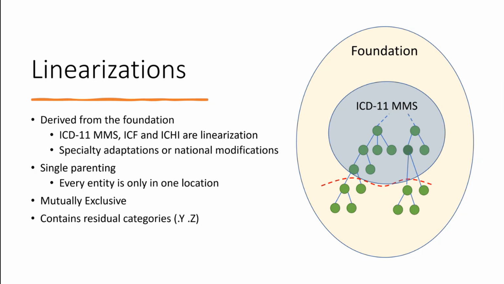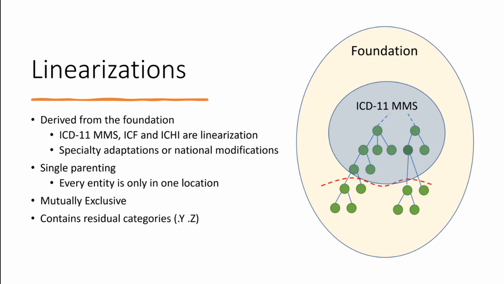So in the stomach cancer case, we select that this will go to the neoplasms chapter, not to the digestive systems chapter. And every entity is mutually exclusive from each other, which, as you all know, is a very important classification feature. And it also contains the residual categories.